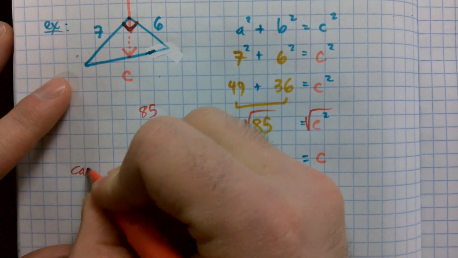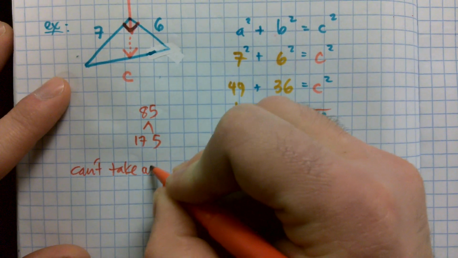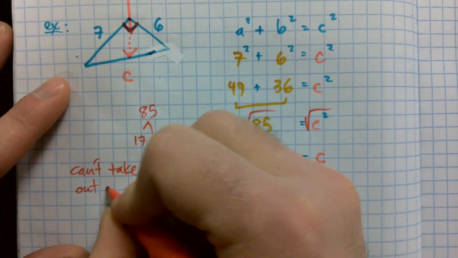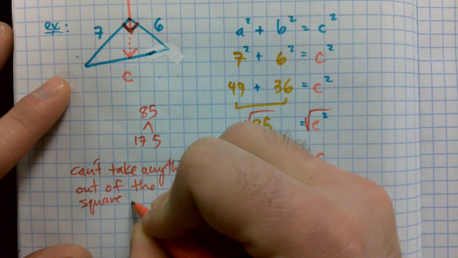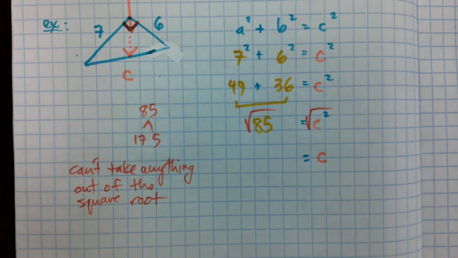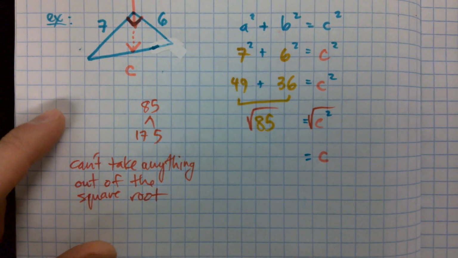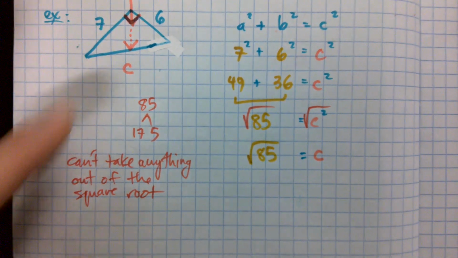No. Can't take anything out of the square root. 17 and 5 don't make a matching pair, so they both have to stay behind. My answer is just the square root of 85.